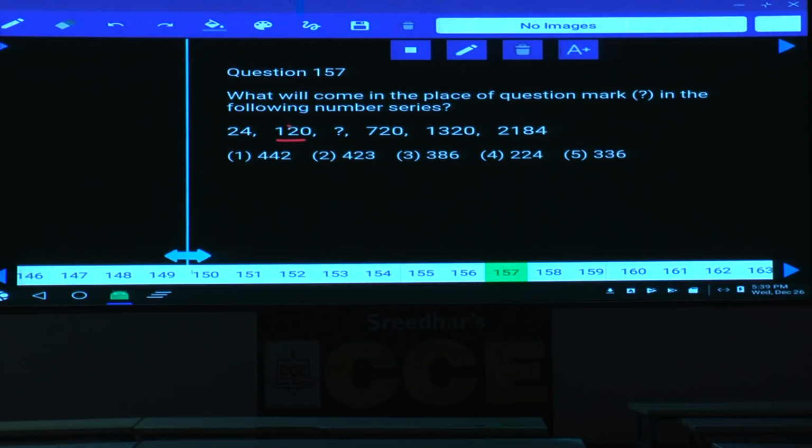If you take this as 5 cube minus 5, then what about this 24? 3 cube minus 3. Then what about this 720? 9 cube minus 9. Now this is 11 cube, 1331 minus 11, 1320, and this is 13 cube, 2197 minus 13, 2184. The given numbers can be written as n cube minus n, where n is odd.